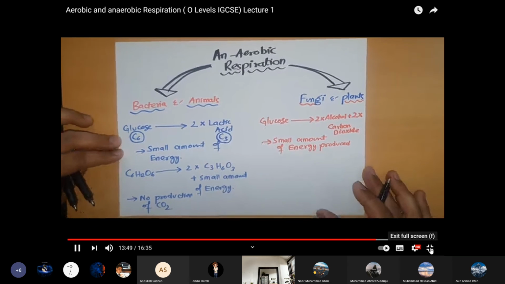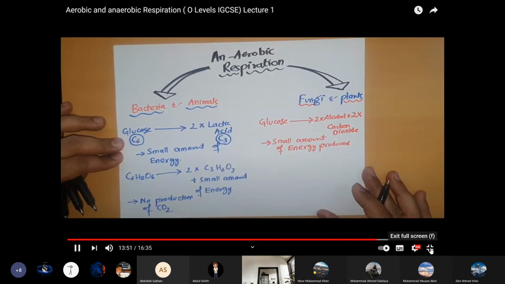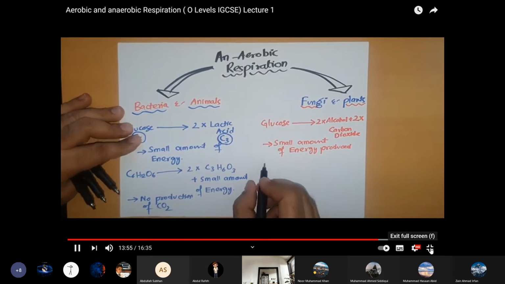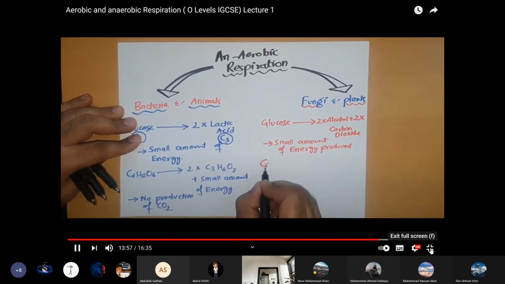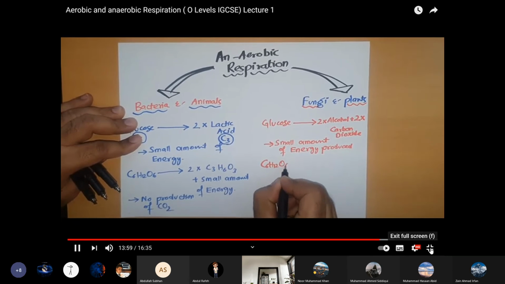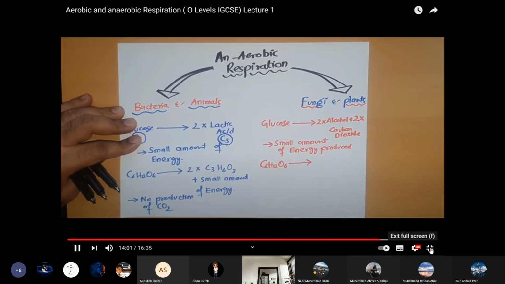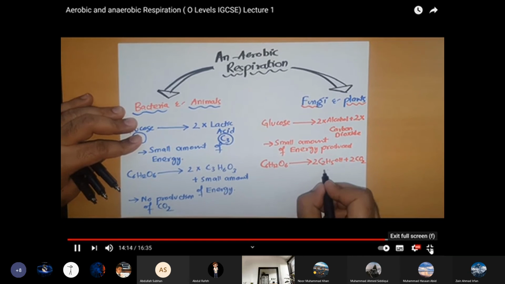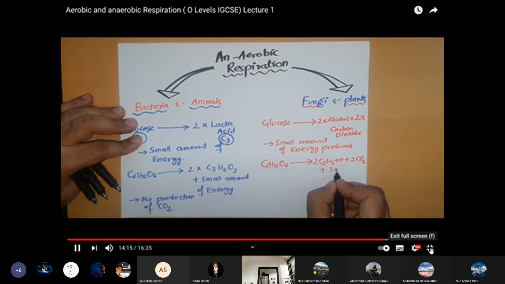Now, I can also mention this in the form of a chemical equation: there is one molecule of glucose, C6H12O6. When it breaks down in the absence of oxygen, it will form two molecules of ethyl alcohol plus two molecules of carbon dioxide and a small amount of energy.